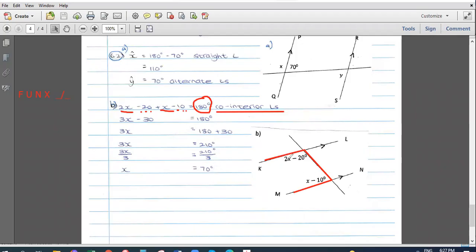And we can do a check. 70 times 2 is 140. 140 minus 20 is 120. If you substitute, we're going to end up with a 120 there.